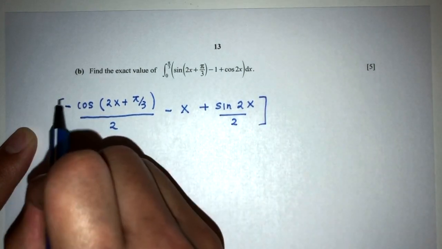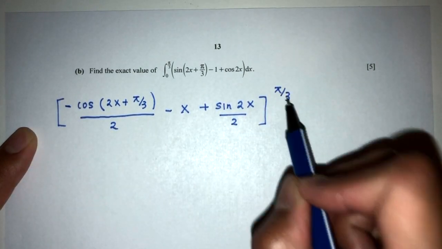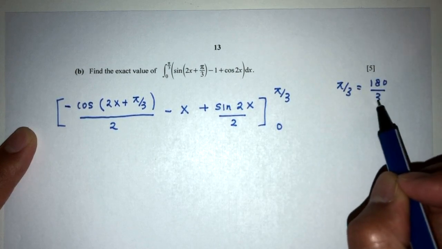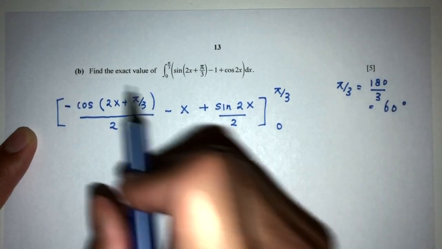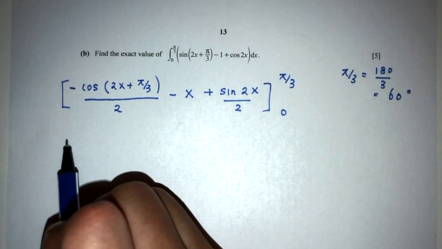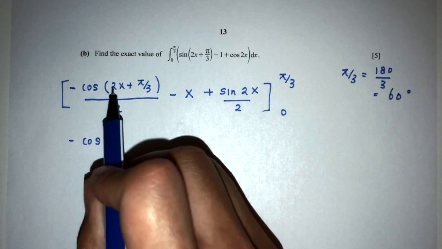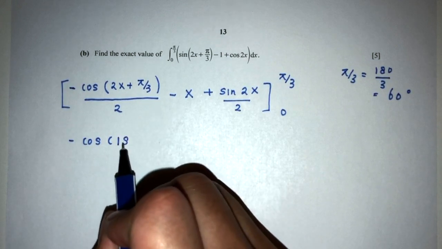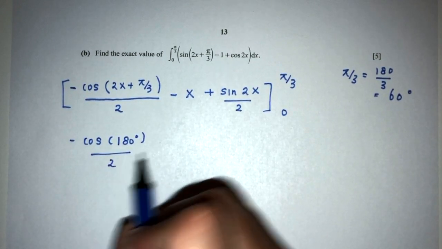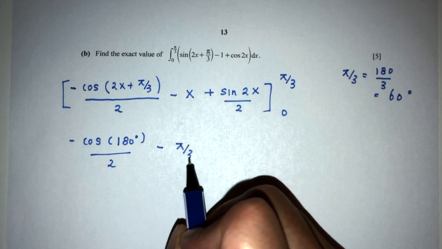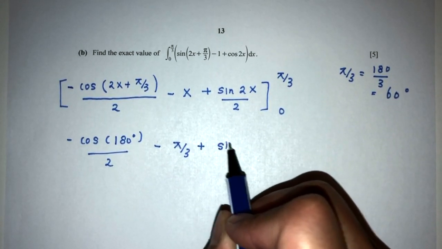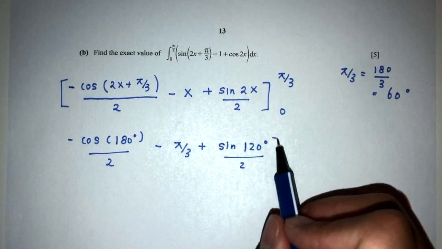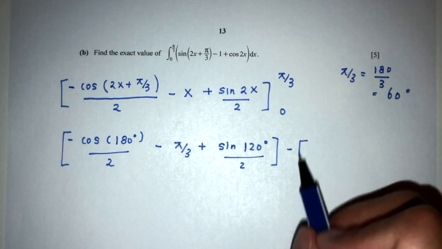And the limits, as you can see, it is between pi by 3 and 0. So pi by 3 is 180 divided by 3, that should be 60 degrees. So we have to find the exact value of that. So simplify. Minus cos of, that will be 2 times 60 will be 120, plus 60, that should be 180, divide by 2, minus pi by 3, plus sine of 120, right, this is 120, over 2, then minus, that will be what?